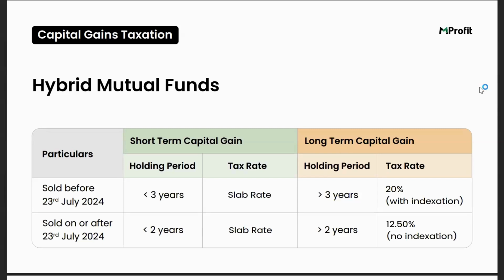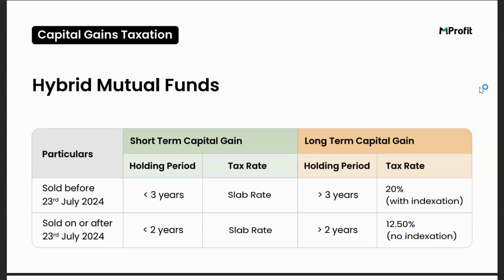However, if you are selling before completion of 3 years, it will be classified as a short-term capital gain. If this sale is happening before 23rd of July and it is short-term because the holding period was less than 3 years, the tax rate will be the slab rate. That is, the short-term capital gain will be added to your total income and taxed as per the applicable income tax slabs.